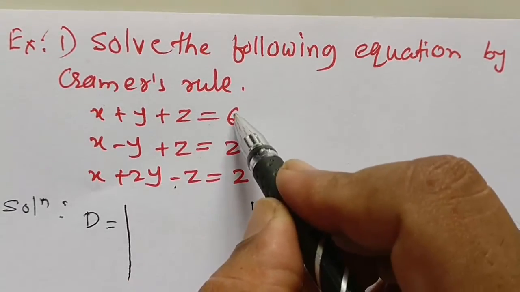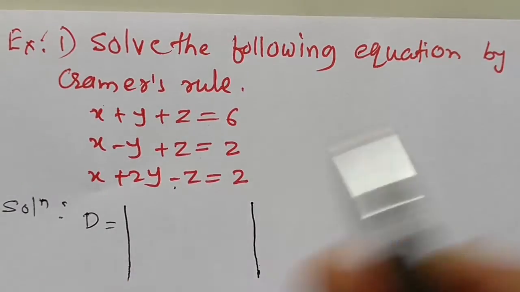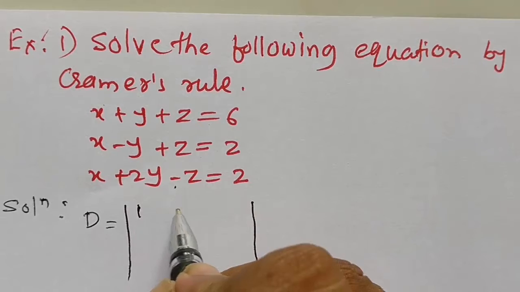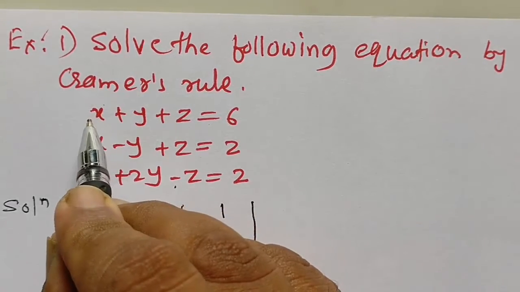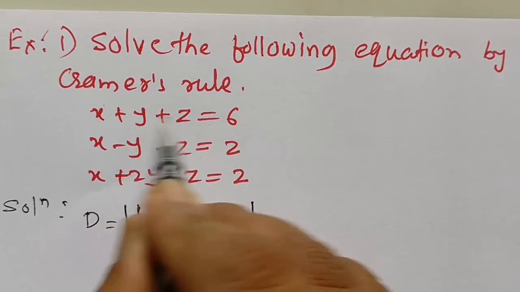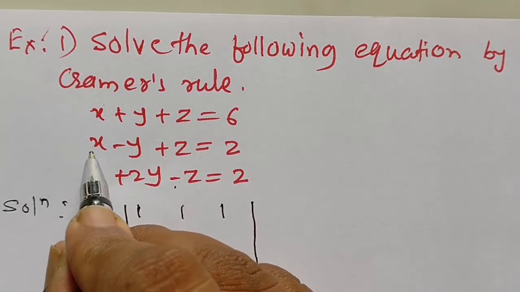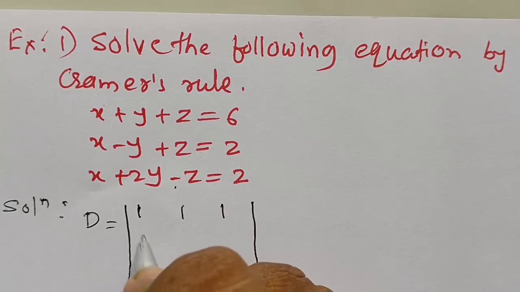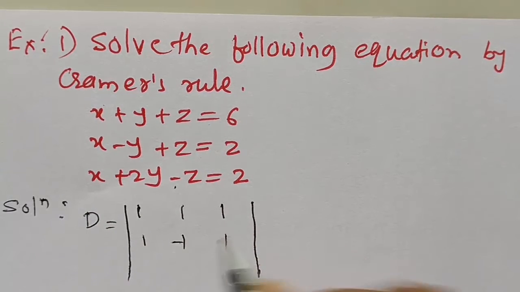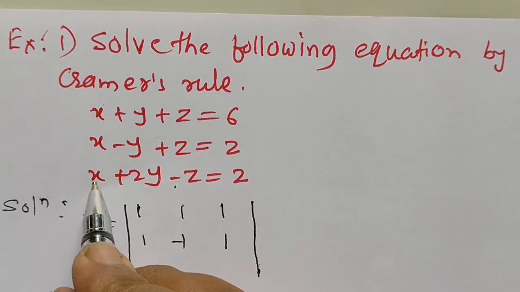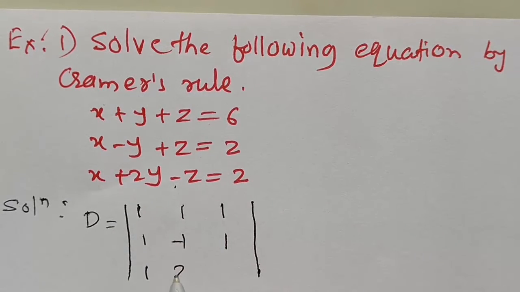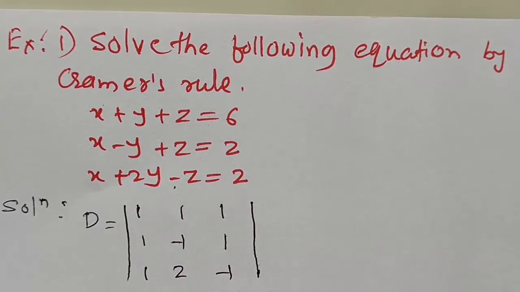We write all these to the right hand side. So it is 1, 1, 1, the coefficients of x, y, z in first equation, coefficient of x, y, z in second equation is 1, minus 1, 1, coefficient of x, y, z in the third equation 1, 2, minus 1.